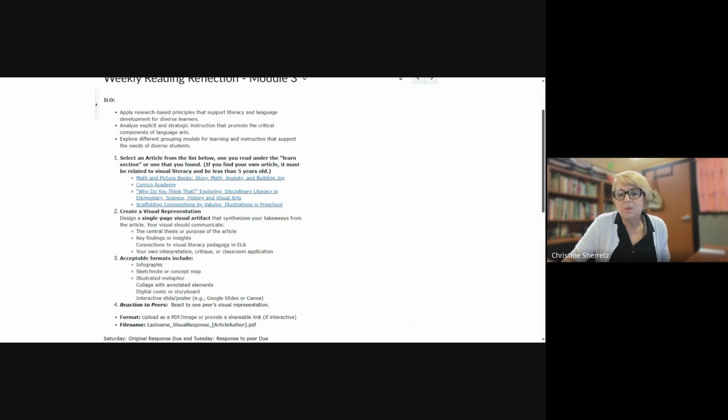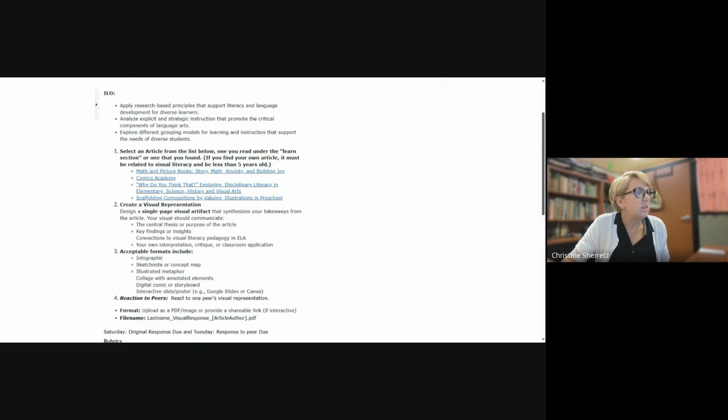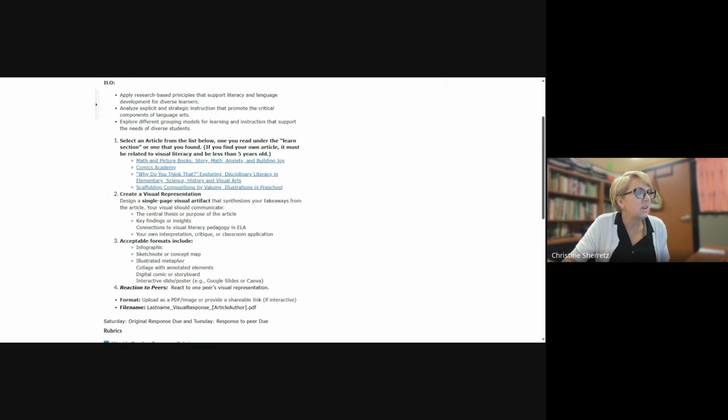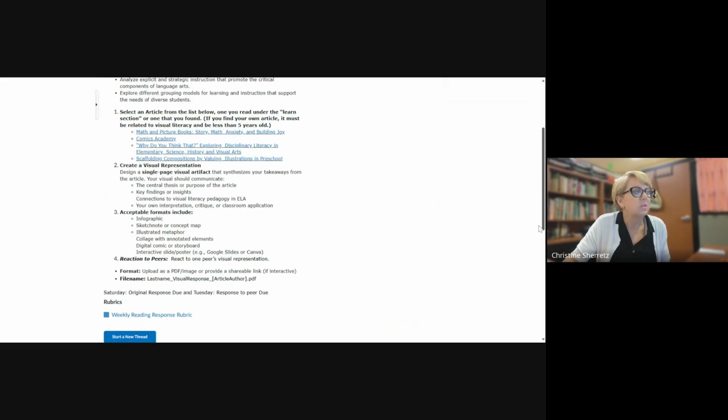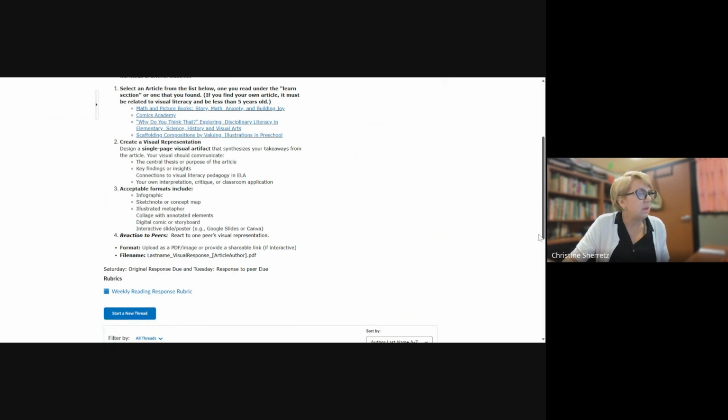Just one single page where you synthesize everything that you learned from the article, the central thesis, the purpose, the key findings, connection to visual literacy, and then anything that you want to put about the critique and so forth. It could be an infographic, it could be a collage, it could be a digital comic, a story. This is where you can use your creativity to show that you have read the article and synthesized it.